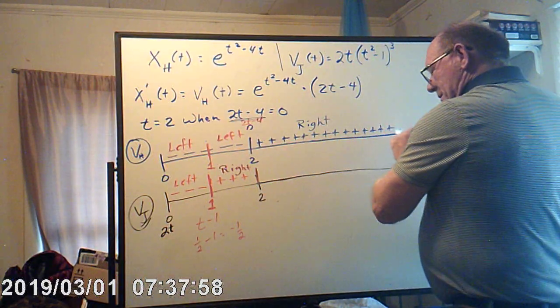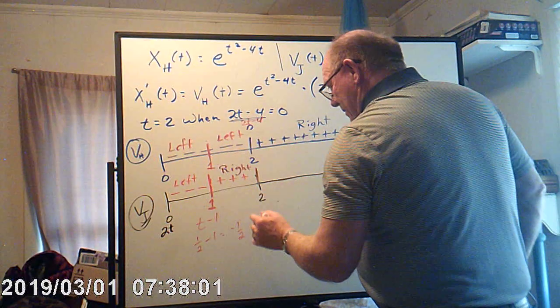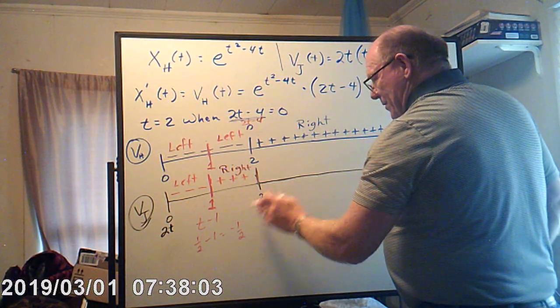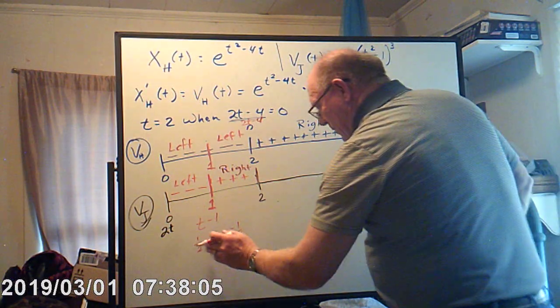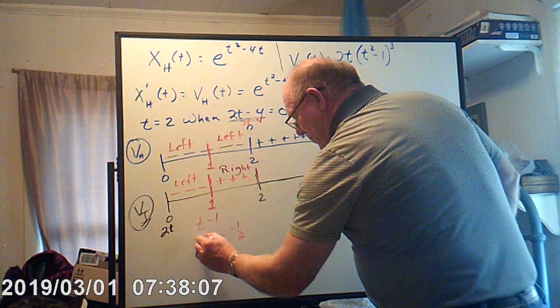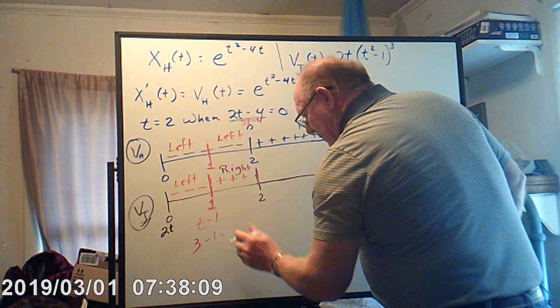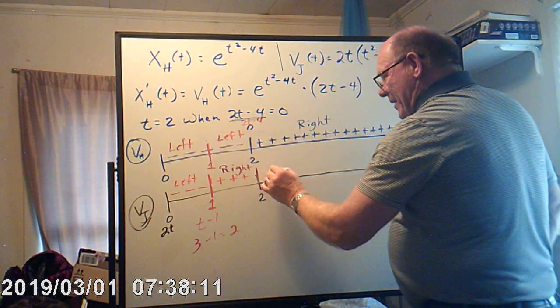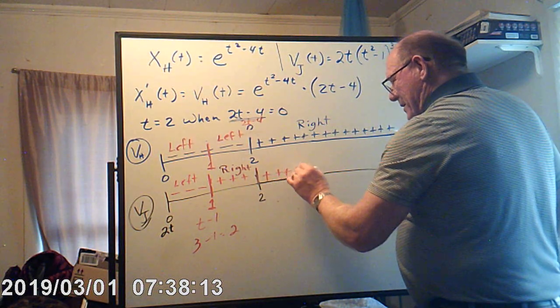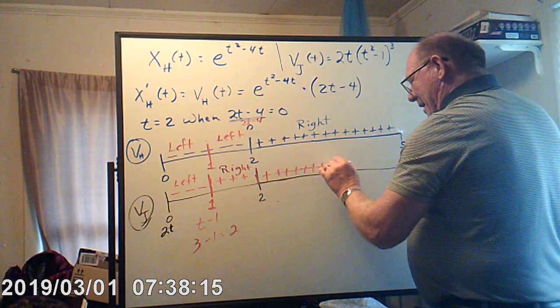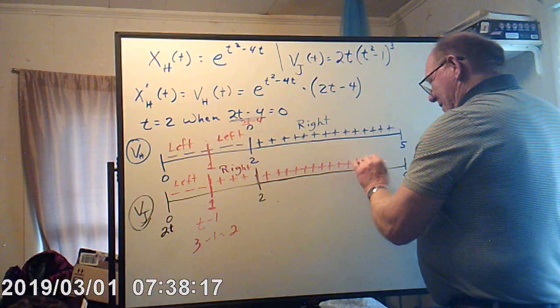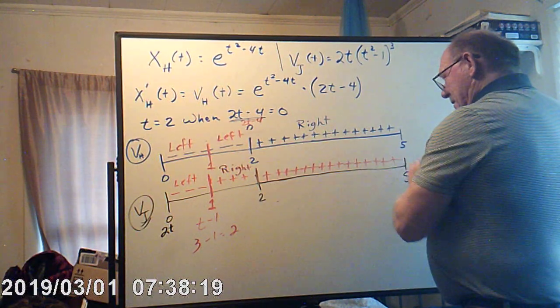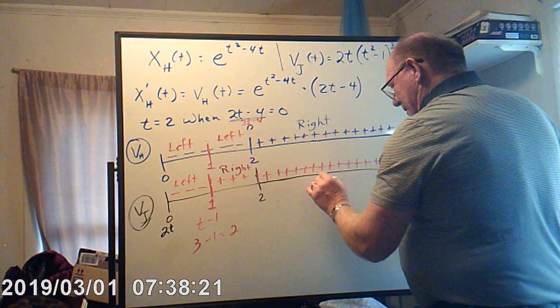This one's moving to the right. And everything else from 2 on is going to be to the right. So if I plug in a 3, 3 minus 1 is 2. Once you start putting plus signs here, just go ahead and put them boom, boom, boom. Most of the time, it's going to always be plus.